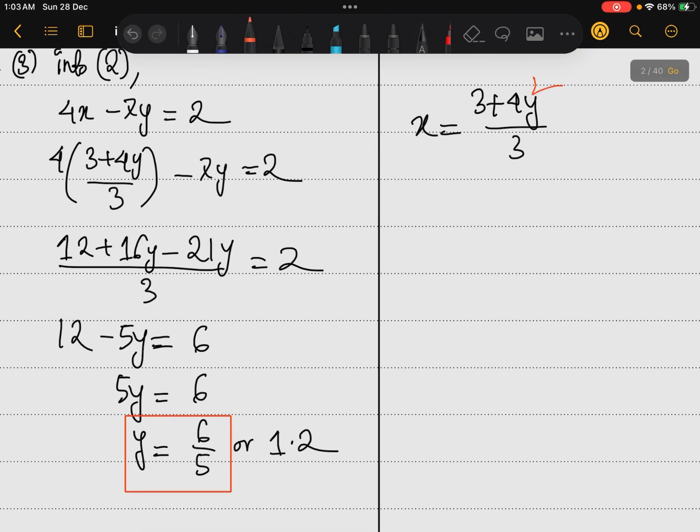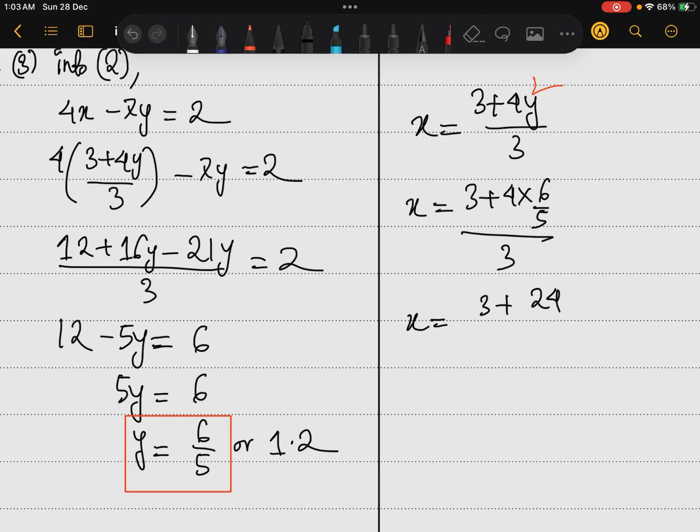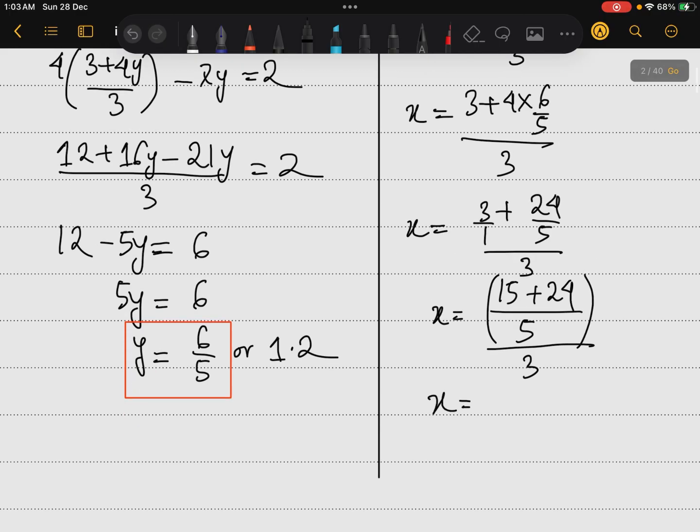So x is equals to 3 plus 4 into 6 divided by 5 by 3. 4 6s are 24 by 5 by 3, and we can consider there is an invisible 1. So 5 divide 1 is 5, and multiplied with 3 is 15. 5 divided by 5 is 1, multiplied with 24 gives us 24 divided by 3. So 15 plus 24 is 39 by 15.